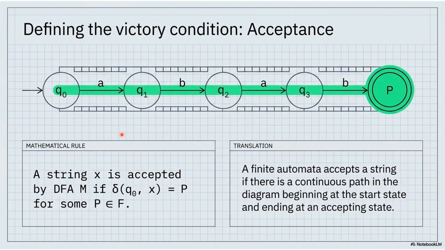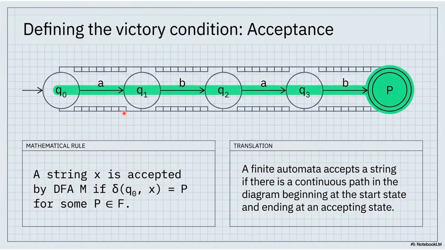Here, the string is accepted if the DFA ends in the final state after reading the entire input string. So here the states are Q0, Q1, Q2, Q3, and P, and the input symbols are A and B. After reading the string, it moves to the final state.